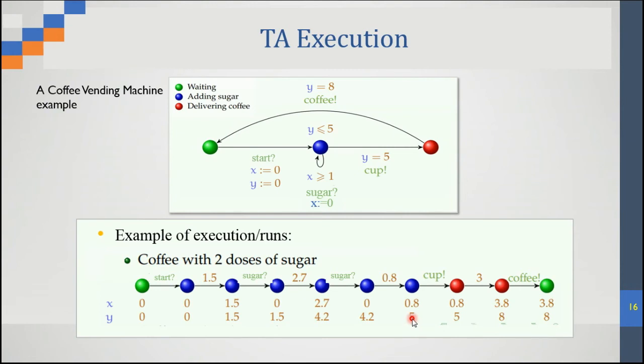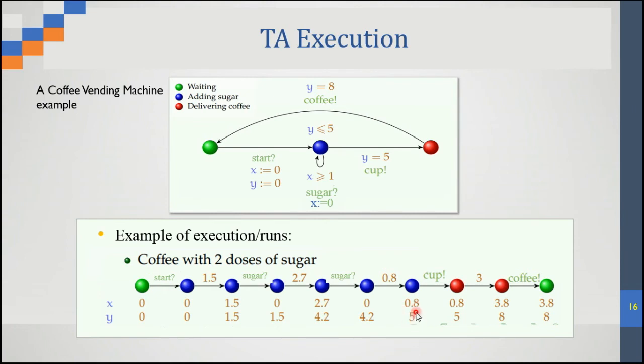So we wait 0.8, because from 4.2 to 5 it is 0.8. The x from 0 will become 0.5, 0.8, and 4.2 plus 0.8 will become 5.